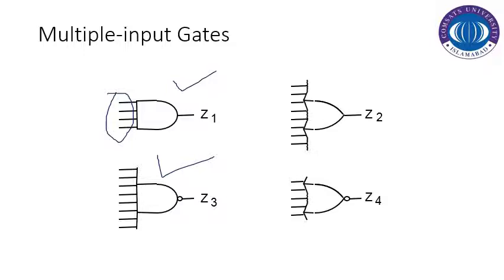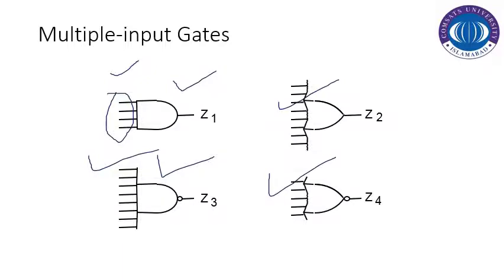Similarly, we can also represent it in this notation. For example, an OR gate with 8 inputs, and the NOR gate with 5 inputs, so we can see the multiple inputs in that particular setup.